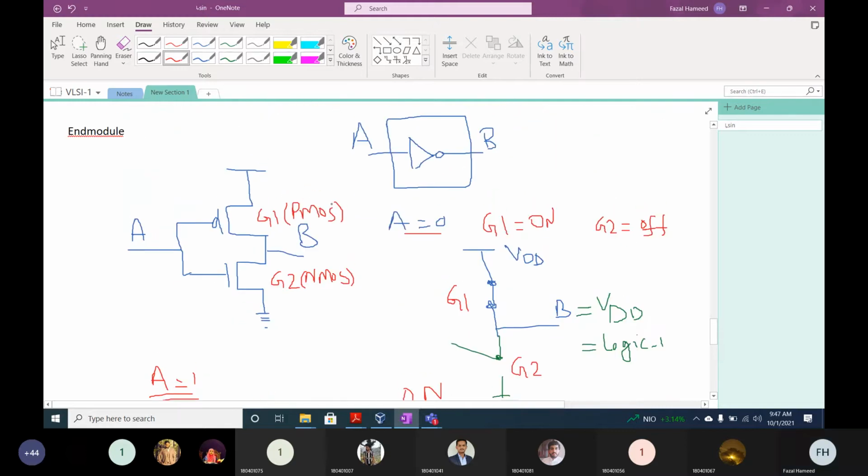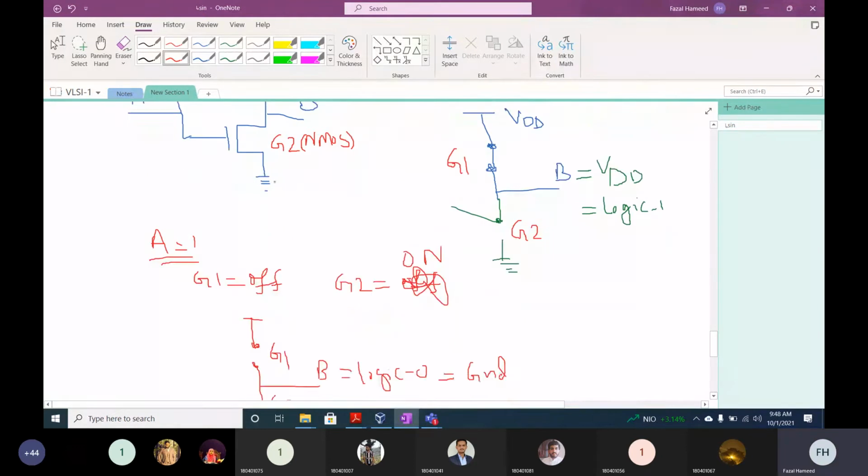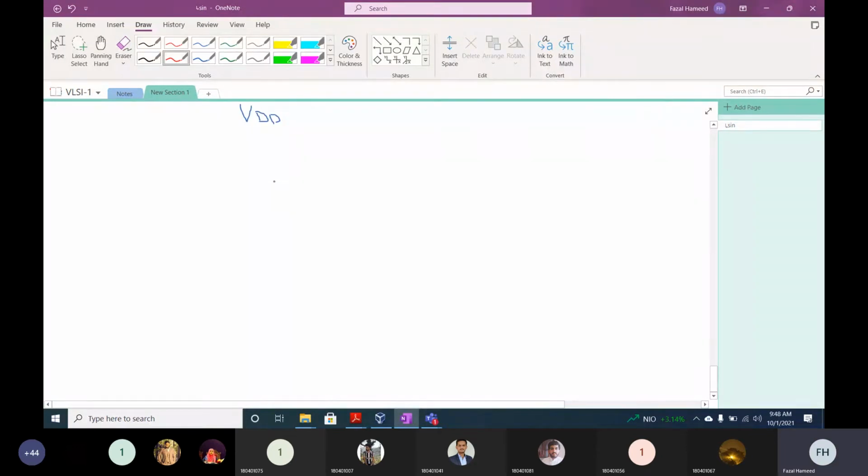Now if you look at the transistor schematic, this is the schematic of a transistor.